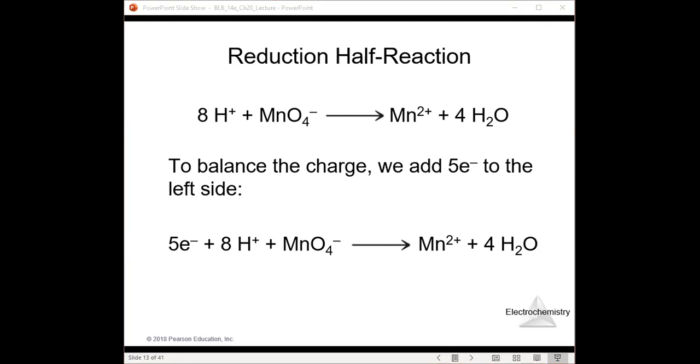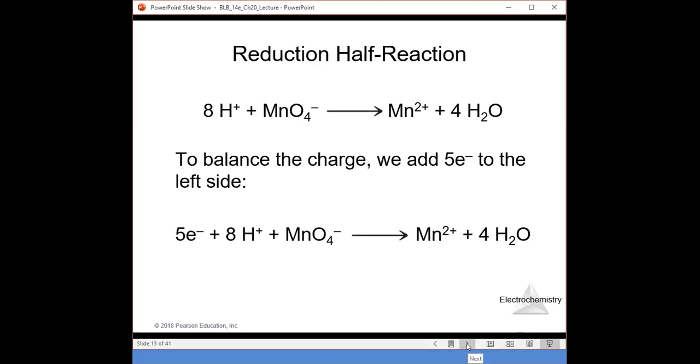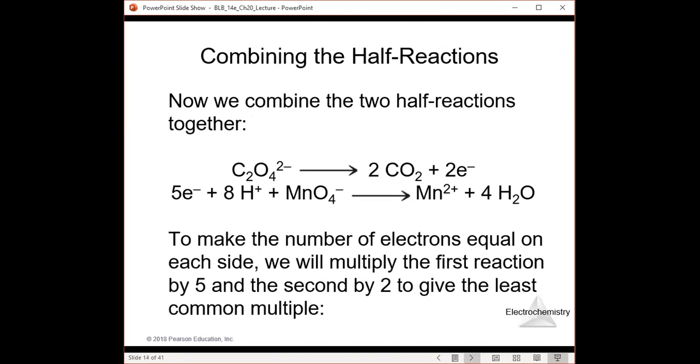All right, so with that, after you do that, okay, now what you're going to do is, now since you did them in half reaction, now we're going to combine everything together. So I know some people are saying, man, if we had did this in the first place, this would have been easier.